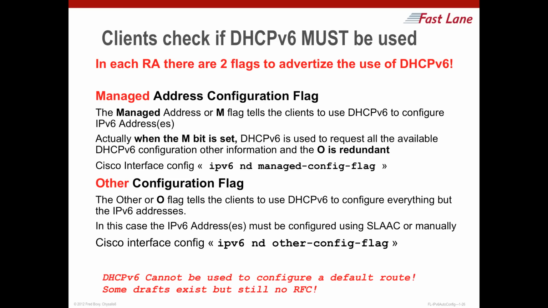Basically, the managed address configuration flag is if you want to use the DHCP to configure address and everything. If you want to use the DHCP for anything but address, you must set the other configuration flag only. So if the managed flag is not set, but the other flag is set, then in this case, it means that the DHCP will be used for anything but address.